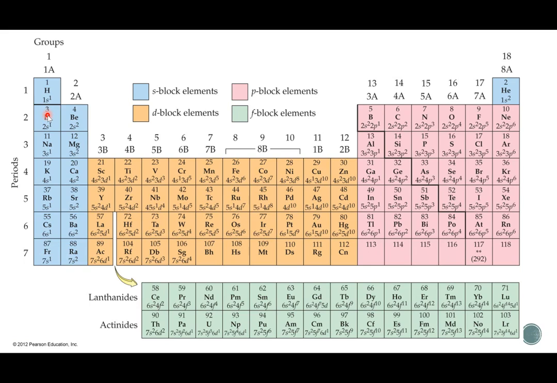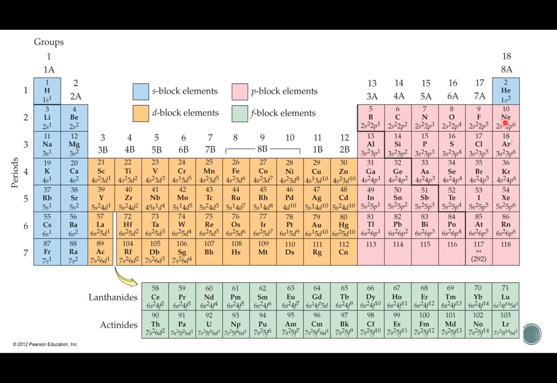So what we see here is a very strategically colored periodic table. And this strategically colored periodic table is going to help us to determine these electron configurations. So we see these blue boxes here. These blue boxes are what we call the S block. So while we're in the S block, we're going to be putting electrons into S orbitals or into those spheres.